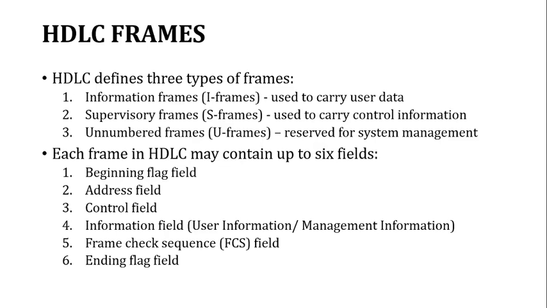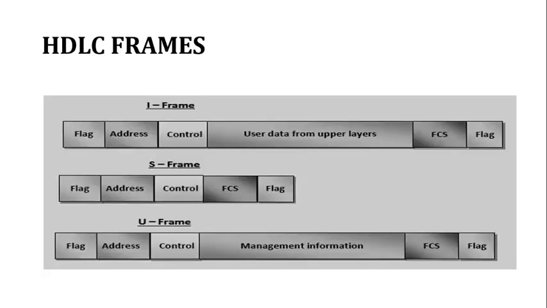Each frame in HDLC may contain up to 6 fields. One is the beginning flag field, second the address field, third the control field, fourth the information field, fifth the FCS, that is the frame check sequence, and the last one the ending flag field.